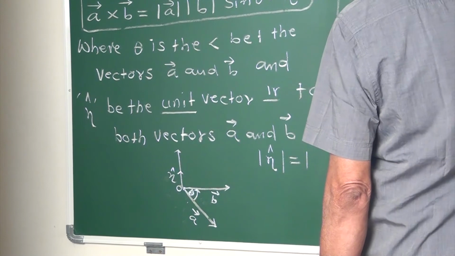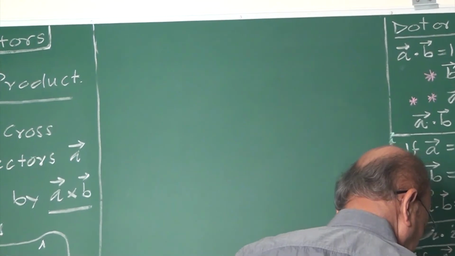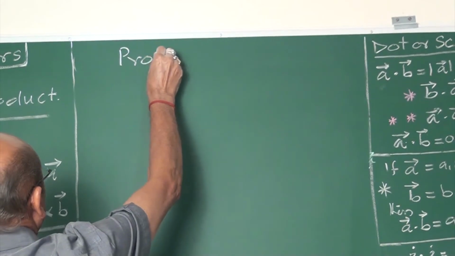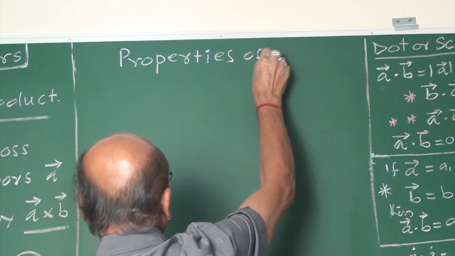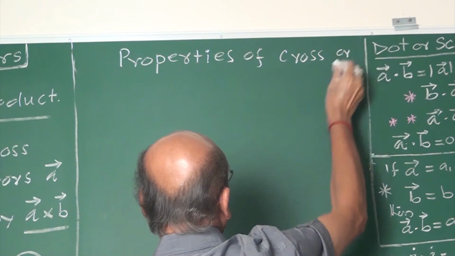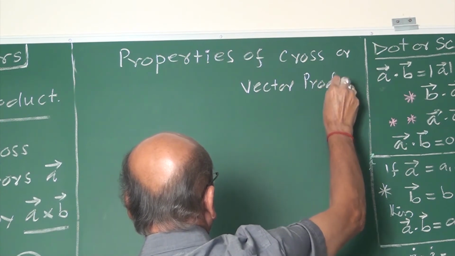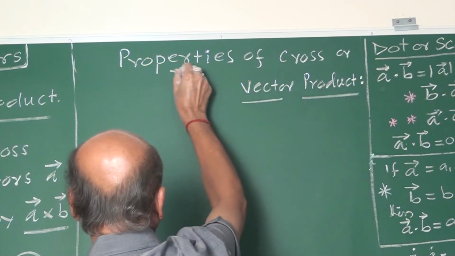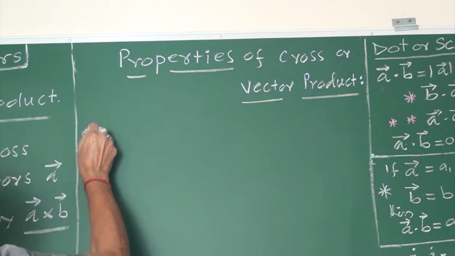Then we have to do the properties of what? Cross product. Properties of cross or vector product. What is the first property?